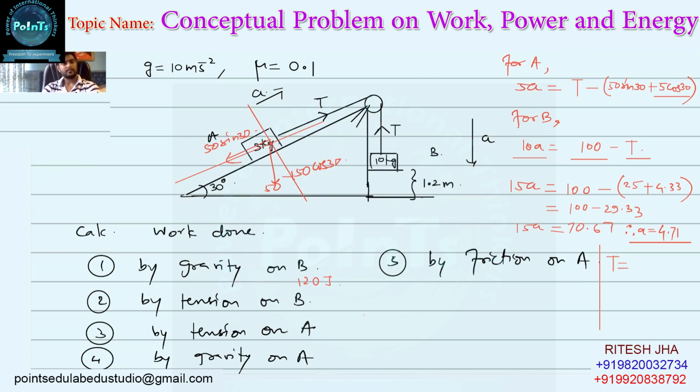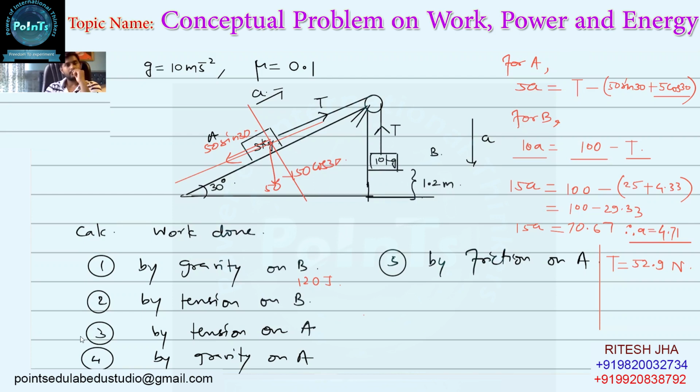And sine 30 and cos 30 have values which can be calculated by hand because they're special. So 100 minus that is equal to 15a.